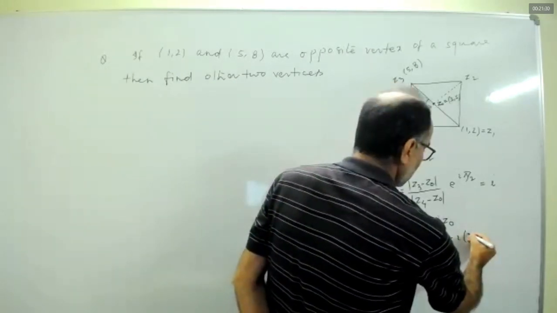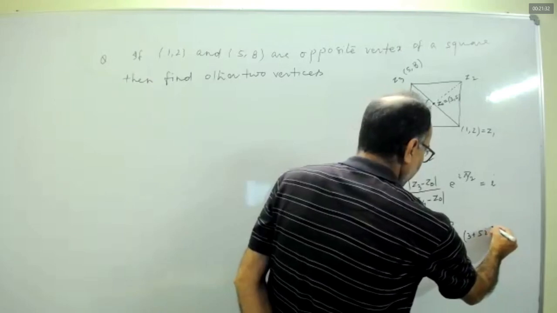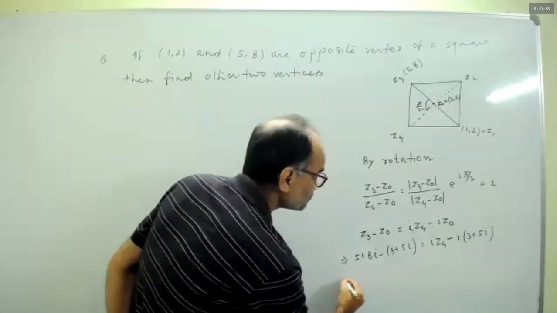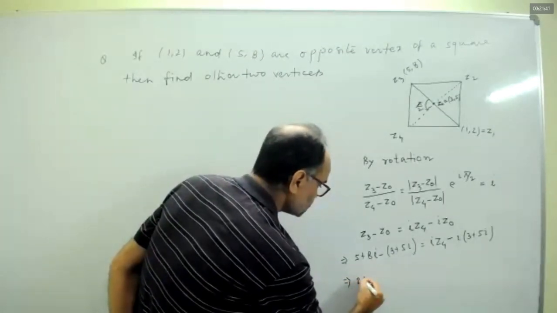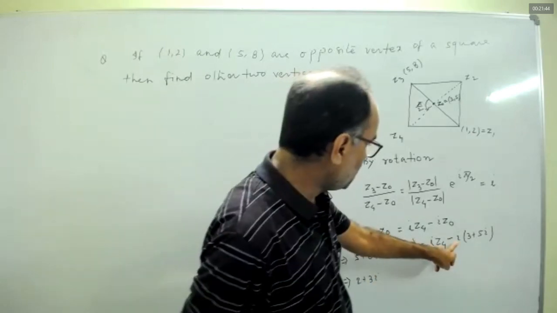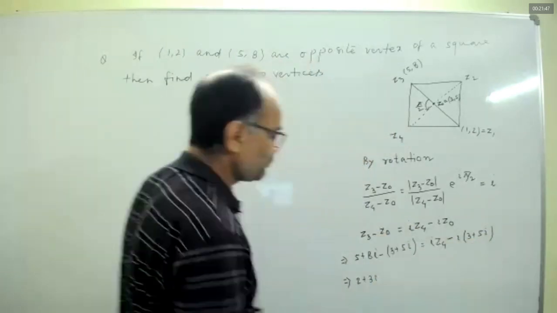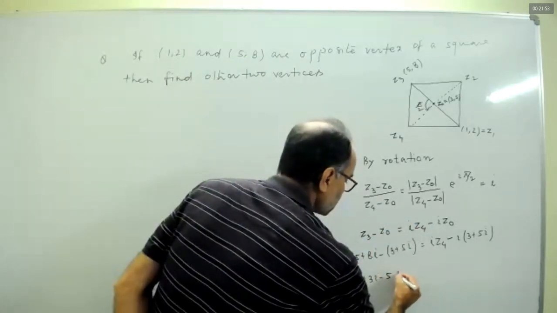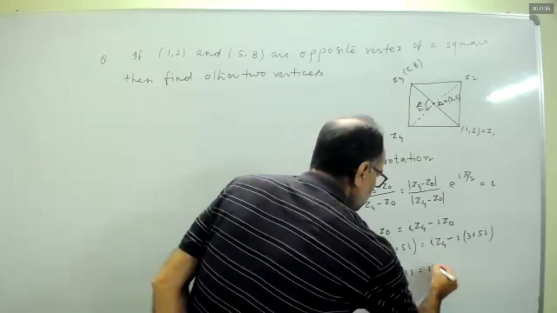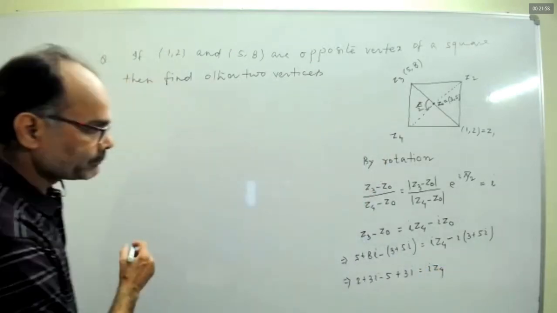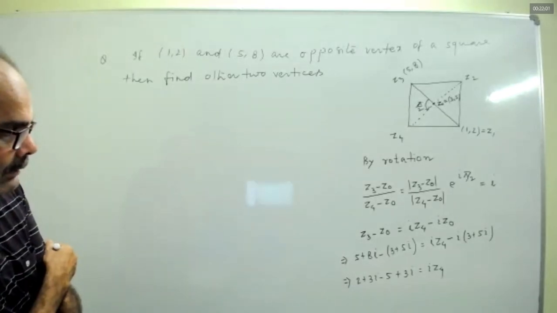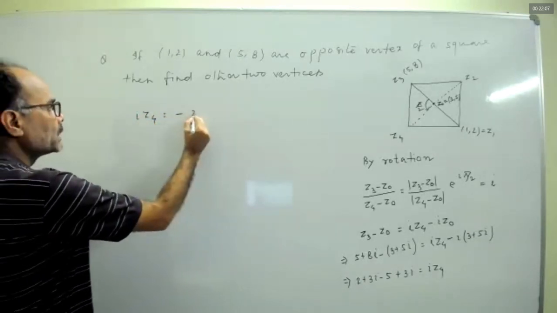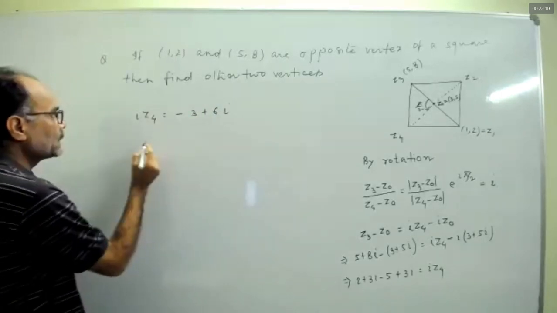Z0 is 3 plus 5i. So 2 plus 3i, here minus, that side is plus 5, this is minus 5, plus 3i equals i Z4. So this will be minus 3 plus 6i. Minus 3 plus 6i, dividing by i.